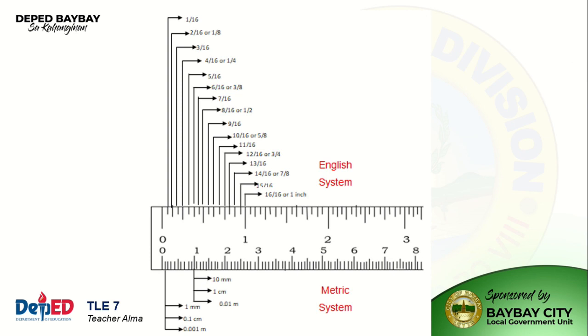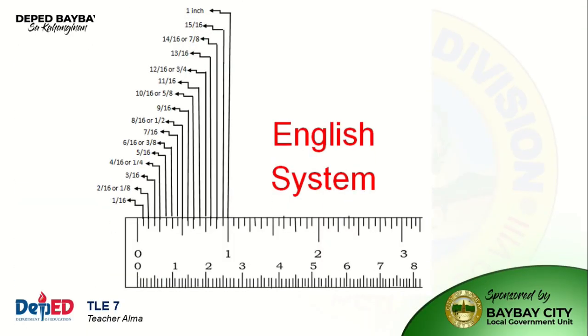A rule is composed of two systems of measurements, the English system and the metric system. English system uses inch, foot, and yard. There are 16 graduations per inch.